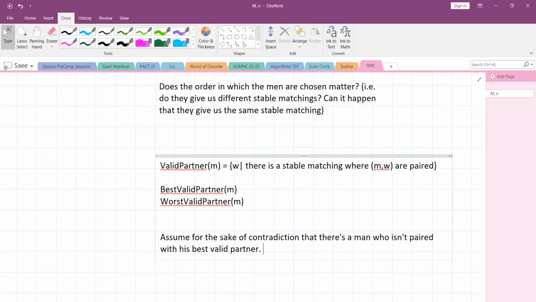Note that the best valid partner of M is not necessarily M's first preference. I said this before, but I will say it again because it can be confusing. The best valid partner for M is not necessarily his first preference, because maybe there is no stable matching with M paired with his first preference. I just wanted to make that clear. Okay, so for the sake of contradiction, assume there is a man who is not paired with his best valid partner.